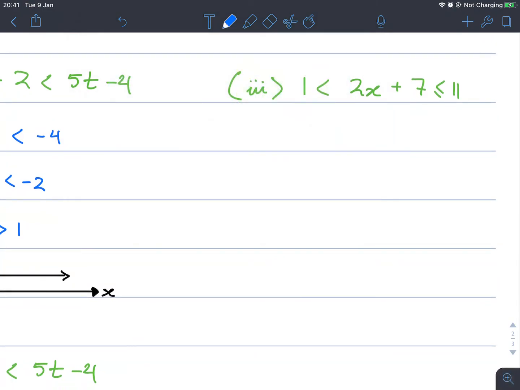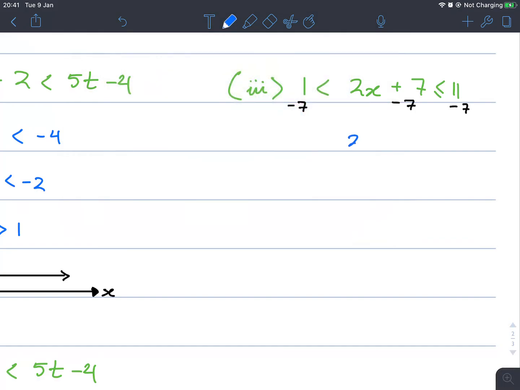For this last example, it's a double inequality, but you shouldn't fret too much, because all it means is we're going to apply this -7 or whatever operation you're doing. If you do it once to this expression, you do it to each inequality, like so.